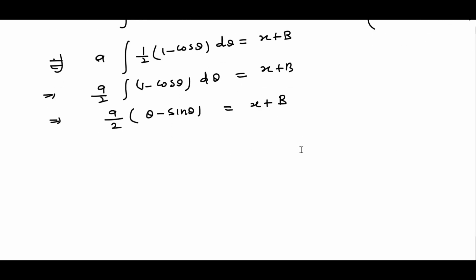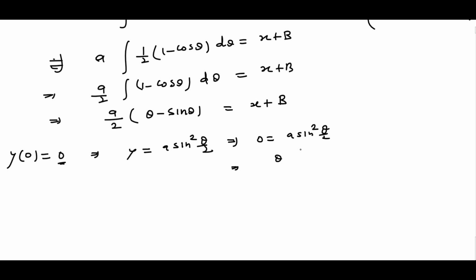And from here, as our initial condition, using y of 0 is equal to 0, we know that y is equal to a sin square theta by 2. So the value of y is 0, that is 0 is equal to a sin square theta by 2. From here we get theta by 2 has to be 0, which implies theta is equal to 0.